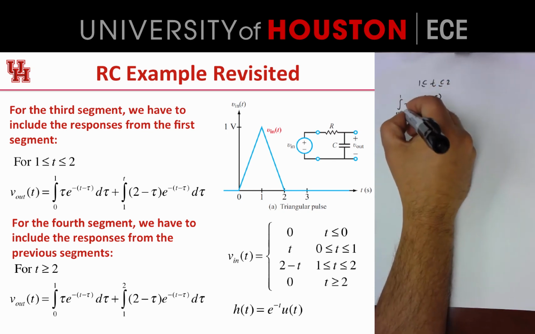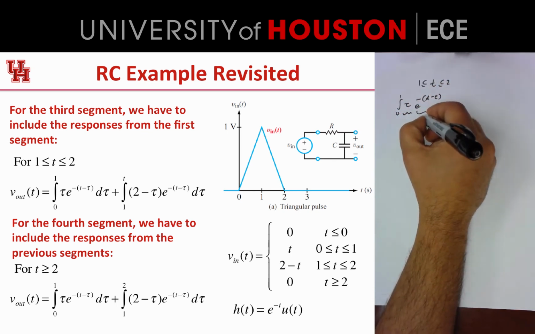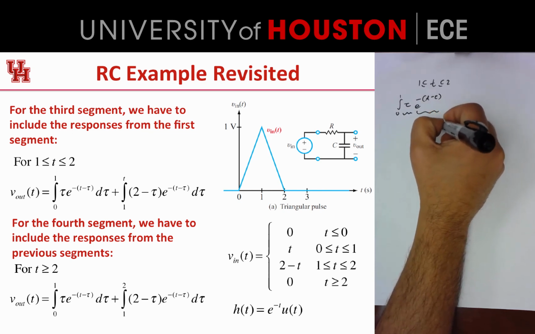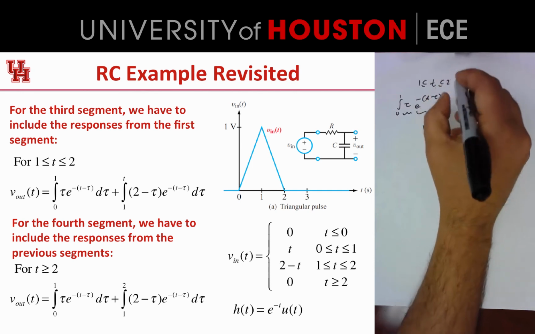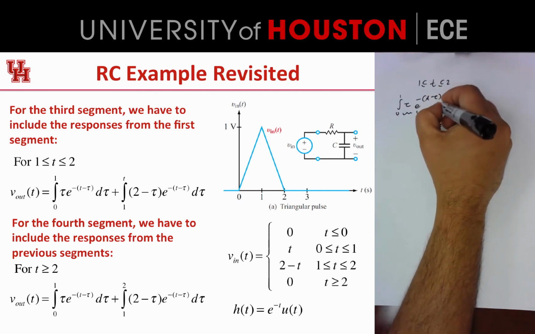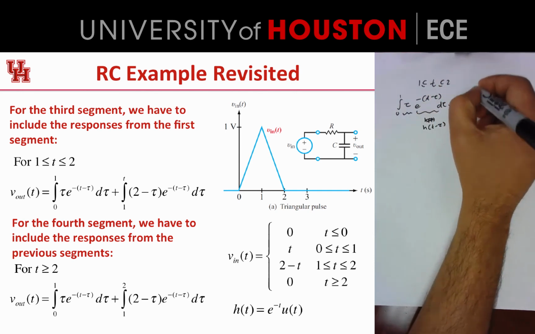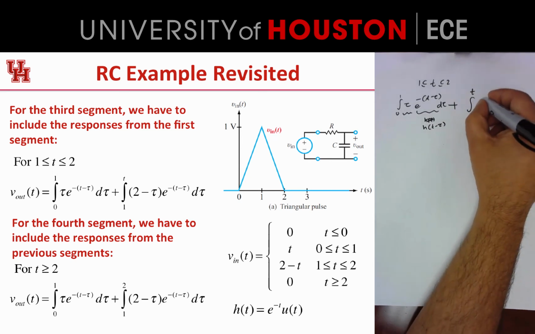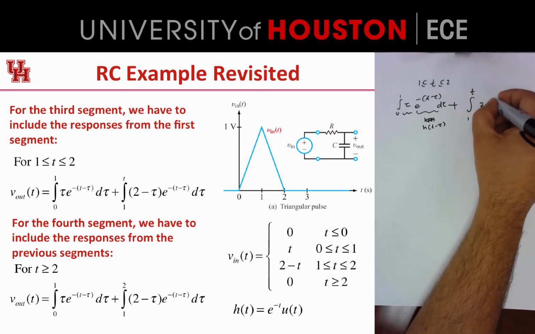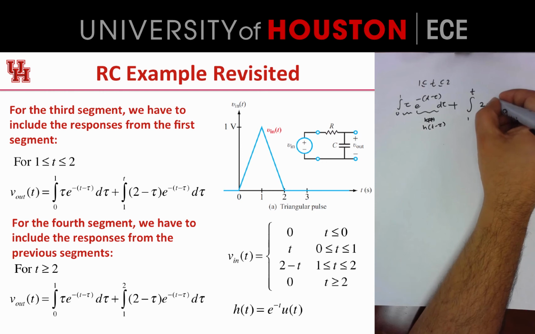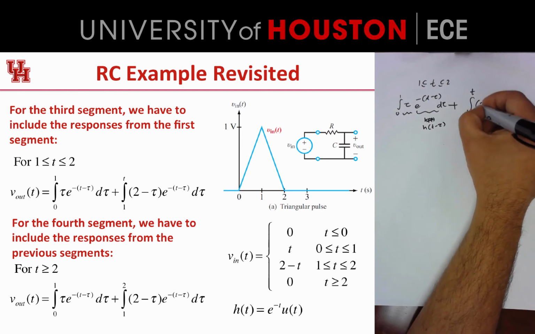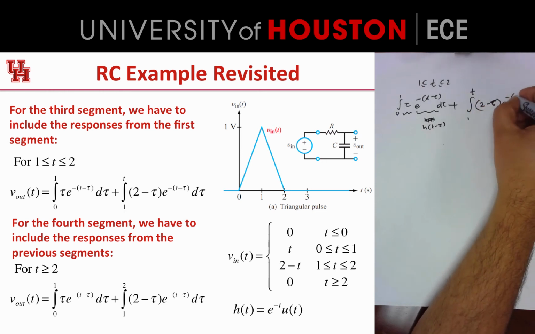So this is the ramp, and this is h of t minus tau, d tau, plus the integral from 1 to t of 2 minus tau times e to the minus (t minus tau) d tau.